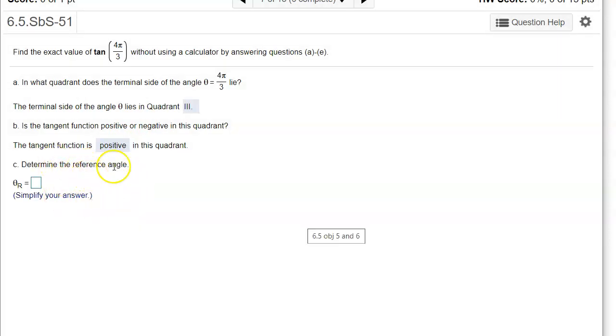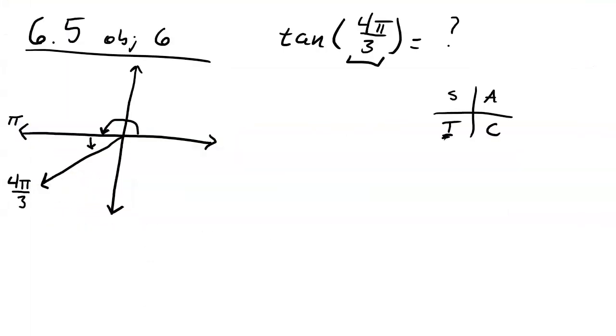And now it's going to say determine the reference angle. The reference angle, remember, is that angle that is closest to the x-axis. And hopefully by now you've seen the connection between the families of angles and reference angle. So you'll know that since this is in the family of the pi over 3 angles, the reference angle, theta r, is going to be just pi over 3.